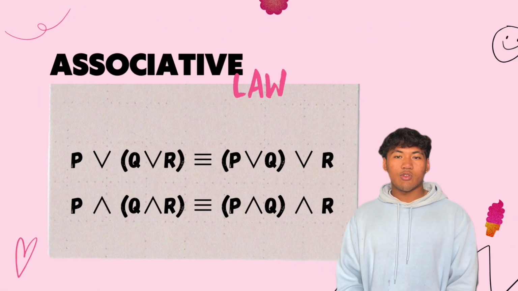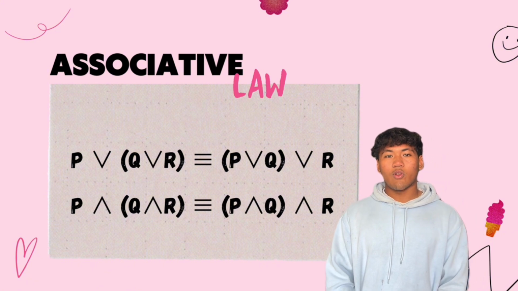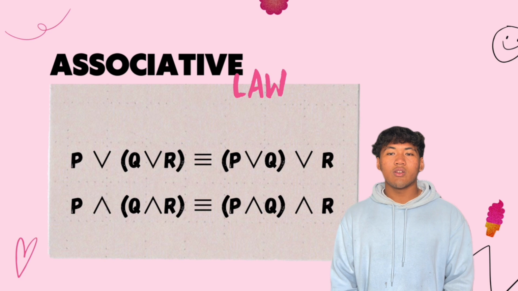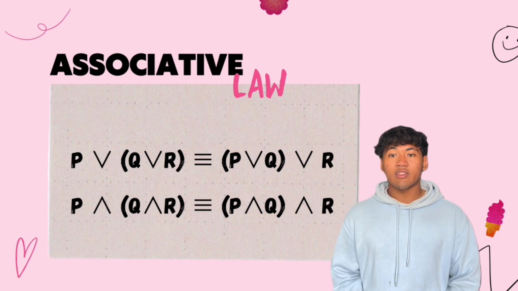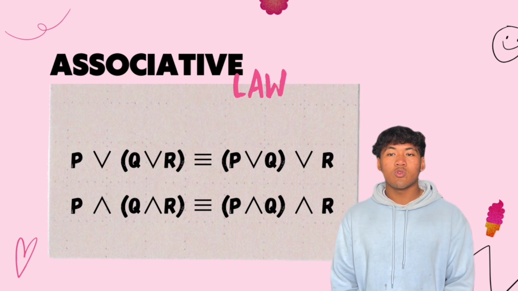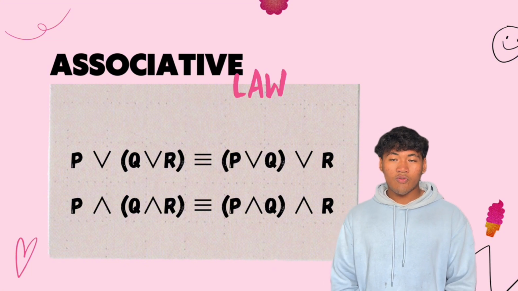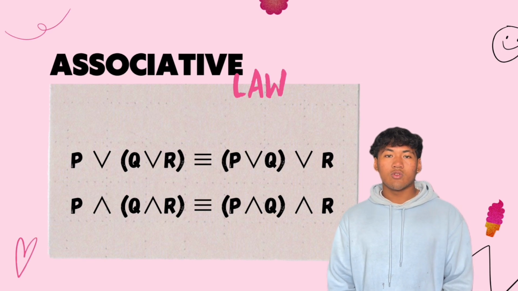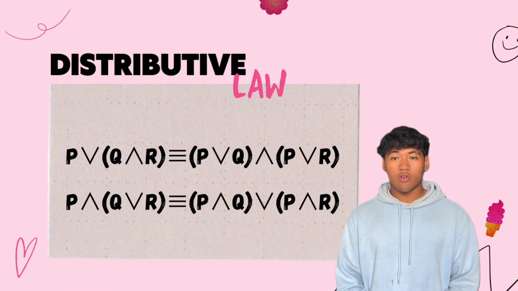We continue with the next law, the associative law. The associative law starts with P or open bracket Q or R close bracket equals open bracket P or Q close bracket or R. So the associative law is just with the same symbol but a different bracket. We just change the bracket. The next law is the distributive law.